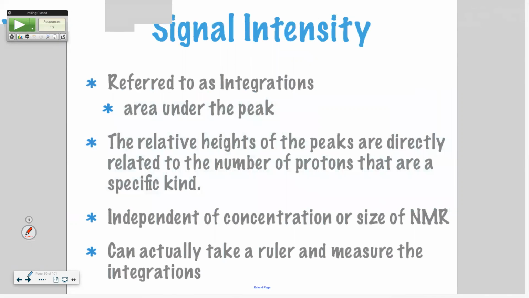That is called integration. It's the area under the peak. So the relative heights of the peaks are directly related to the number of protons that are a specific kind. It is independent of the concentration or the size of the NMR. It will always work out.